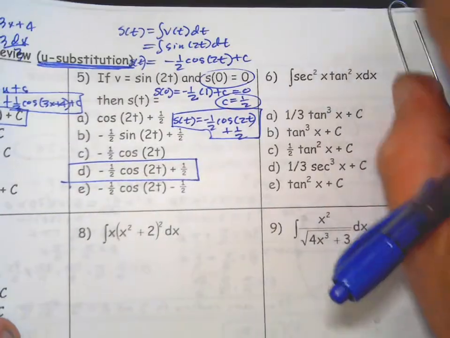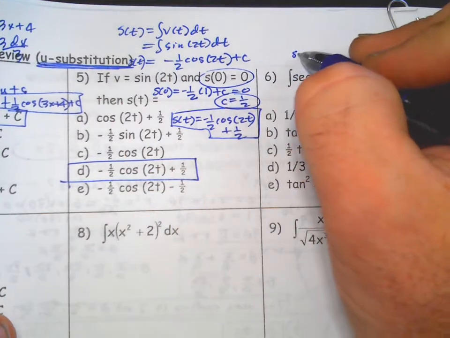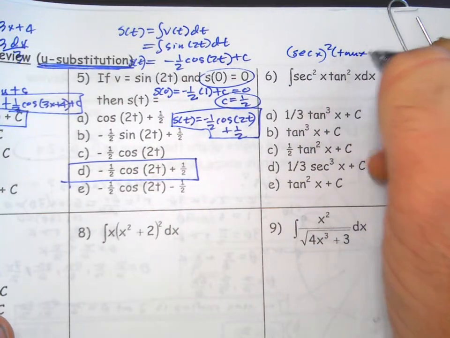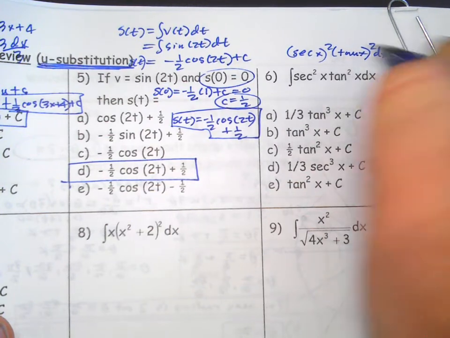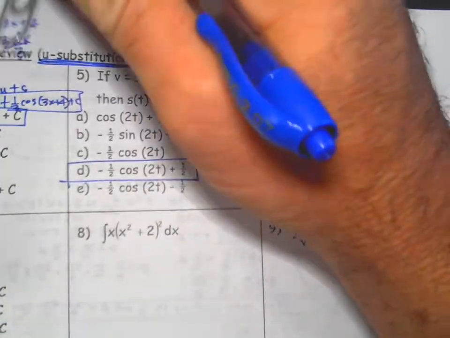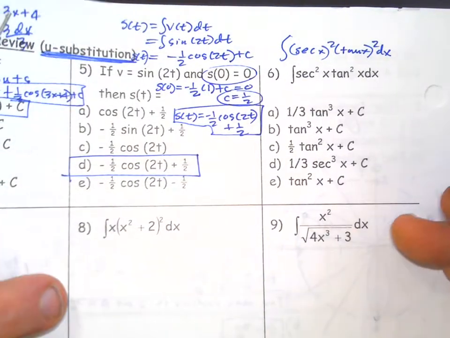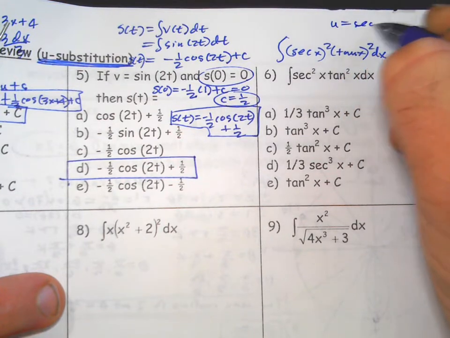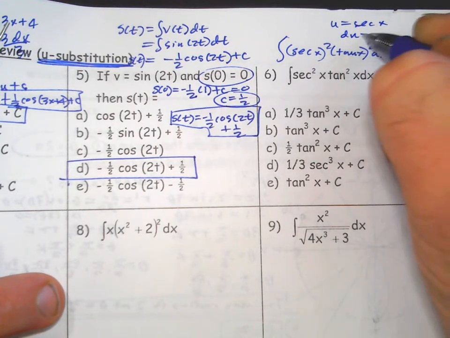Okay, number 6. Remember this is secant squared tangent squared. So is the inner function the secant or the tangent? Whichever one you pick for u, the derivative of it should be the other thing. So I think we're going to go with u equals secant because the derivative of secant is tangent squared.